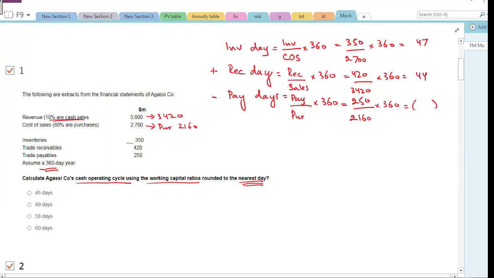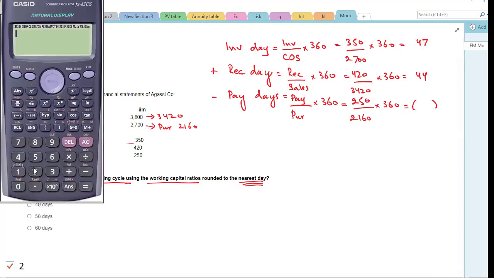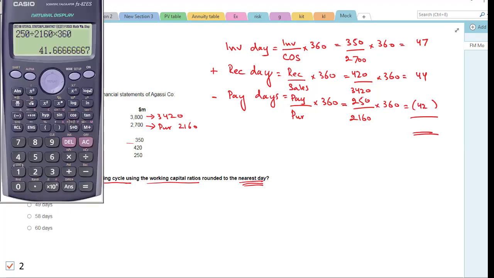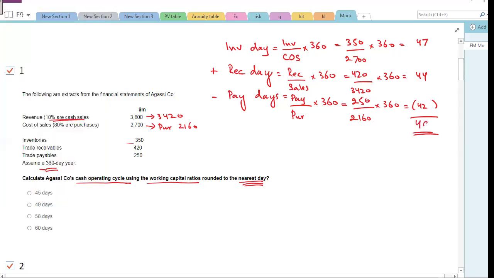And then the third one, the payable days, 250 divided by 2,160 multiplied by 360. So that will be 42 days. So 47 plus 44 minus 42 will be 49 days. So this is the answer.